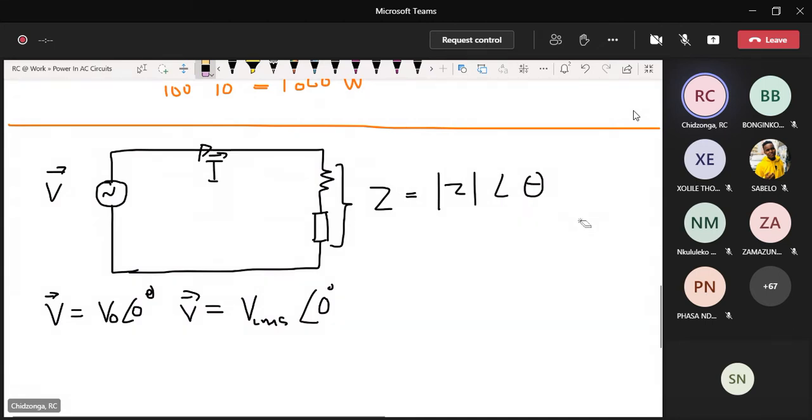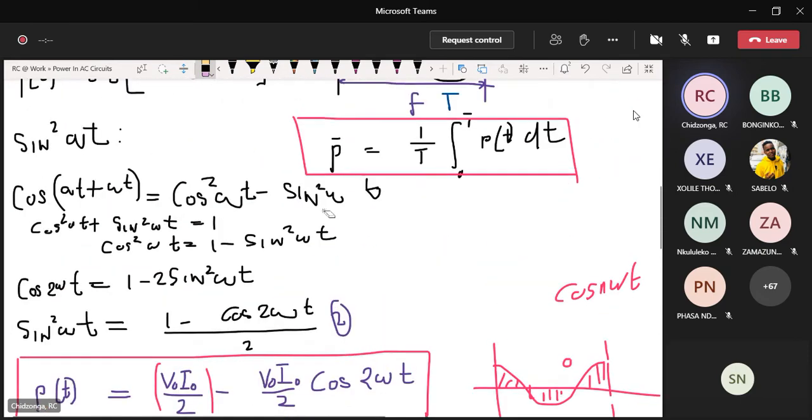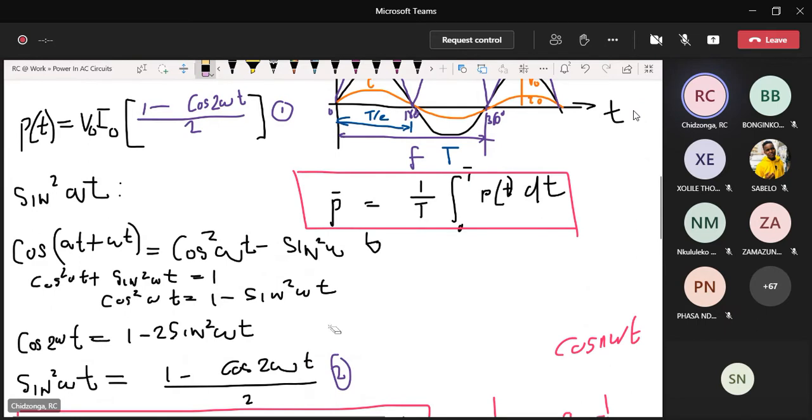But because of the complexity that is brought by the angle into our expressions for current, it's easier to illustrate the next point using complex phasors. If you are keen to see it from fundamentals, I can refer you to your notes, the PDF handout on Blackboard.